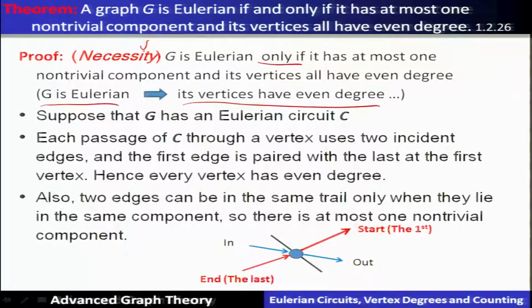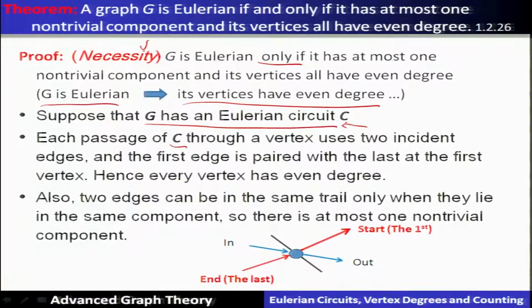It will imply that it has one non-trivial component and all its vertices have even degree. So, let us suppose that G is a given graph which contains an Eulerian circuit, and let us call that circuit C. Now, when this circuit C passes through the vertices, it uses two incident edges.